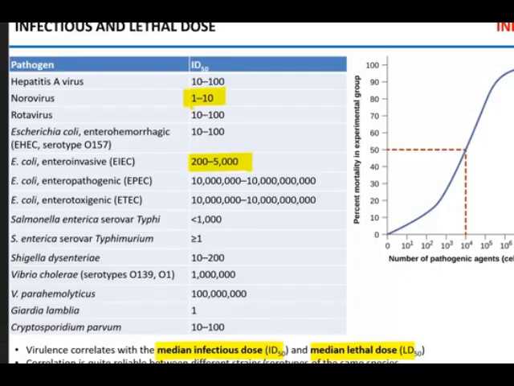Remember, infectious doses cannot be compared between different microorganisms. They do not reflect virulence of different microorganisms. I'm talking about different species or phyla or whatever. However, within the same species, when we talk about different strains, look at E. coli.